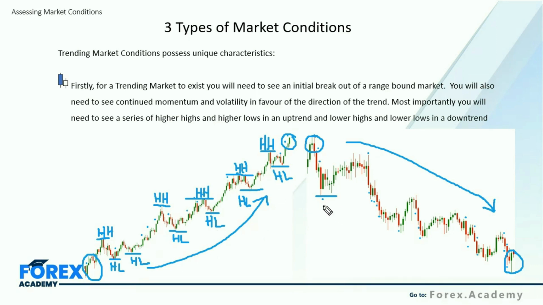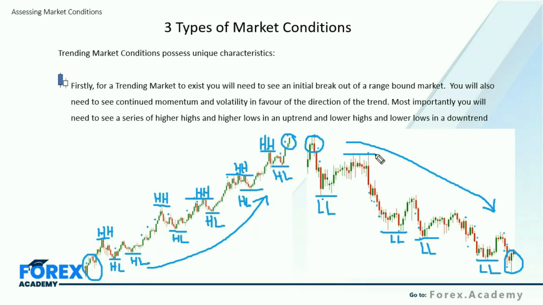So we will see a series of what are called lower lows. So as the market moves, it'll print a series of lower lows on numerous occasions as this price moves in favor. And this again is a classic definition of a downtrend.